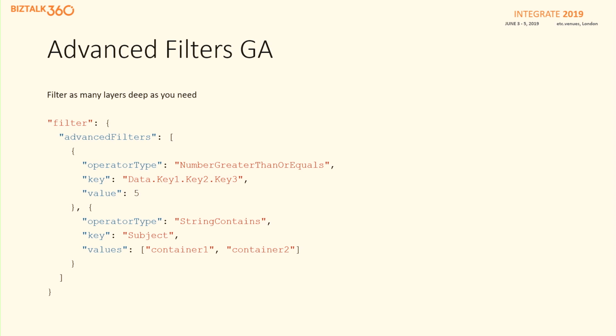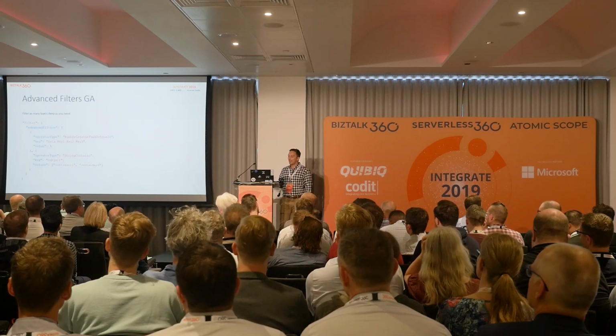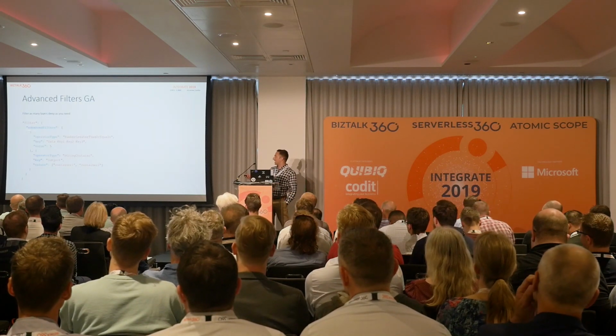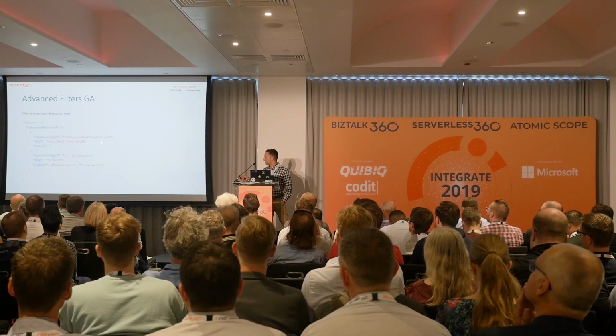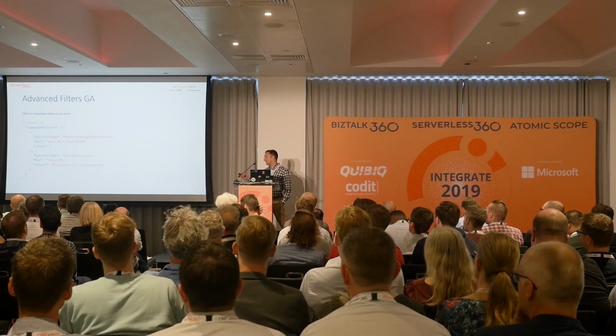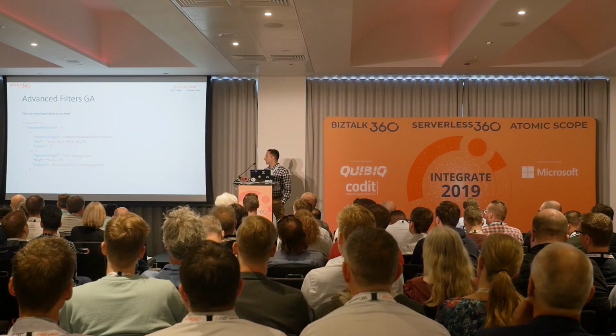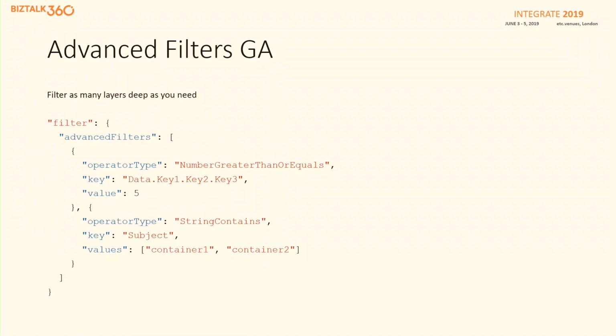And then between 2 different filters, such as number greater than or equals to, between these 2 operators, that is going to be an and operator. So it must have both a key3 value greater than 5, and the subject must contain either container1 or container2, if that makes sense.